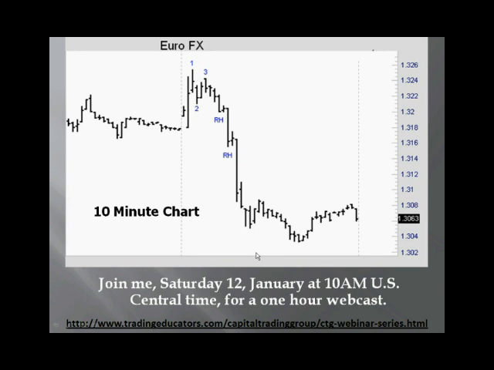There was a great opportunity to join the euro selling. The opportunity involved the trader's trick entry. We wanted to get in ahead of violation of the number 2 point of a 1, 2, 3 high. So we wanted to get in here where I'm pointing, one tick below this low.